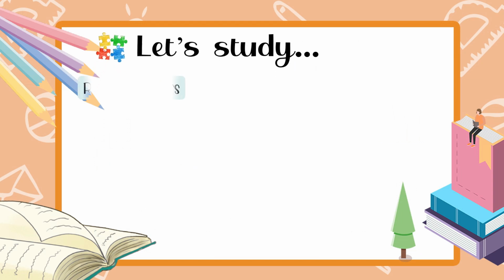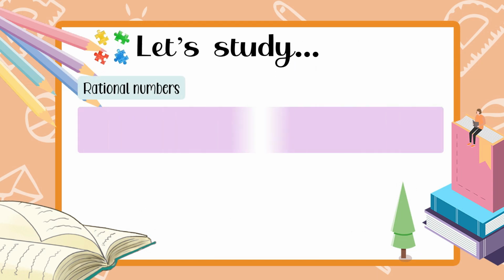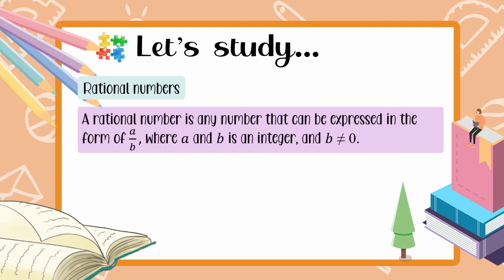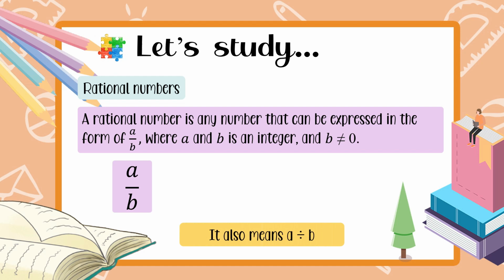Now, let us discuss rational numbers. A rational number is any number that can be expressed in the form of a over b, where a and b are integers and b is not equal to 0. So a over b is also a divided by b.